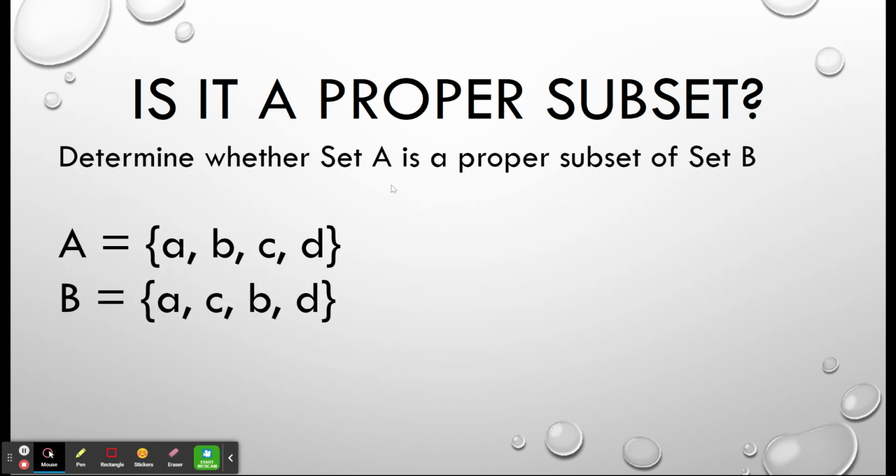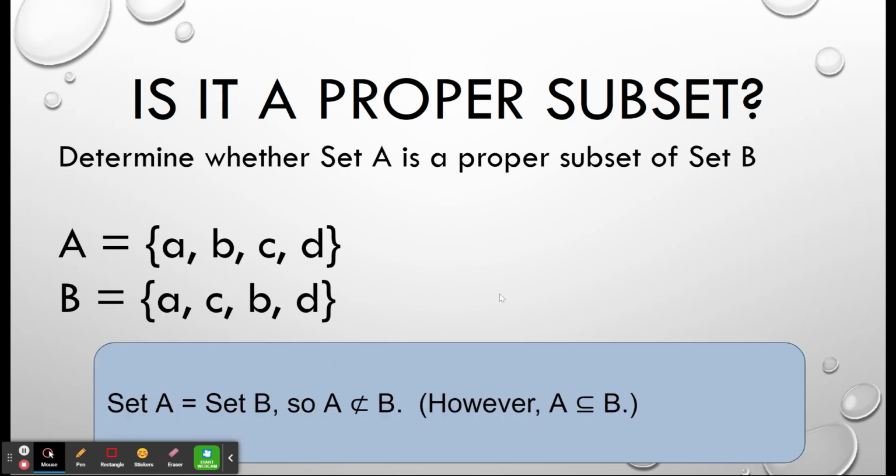Okay, determine whether set A is a proper subset of set B. We're looking at set A: we've got an A, a B, a C, a D. Uh-oh, they look like they're the same. That means they're the same.